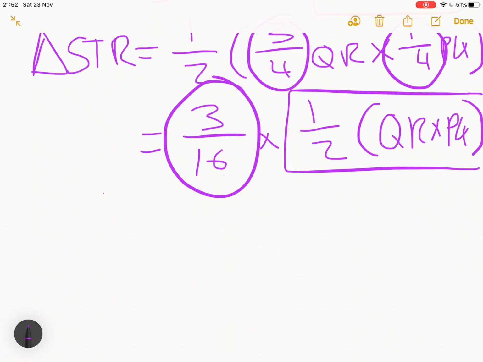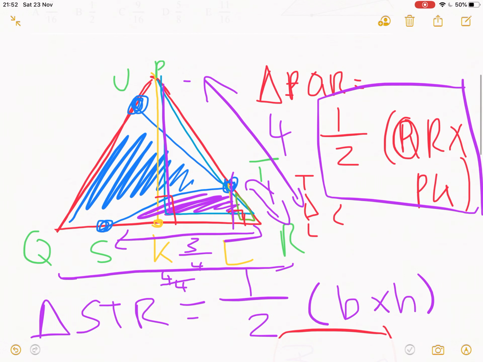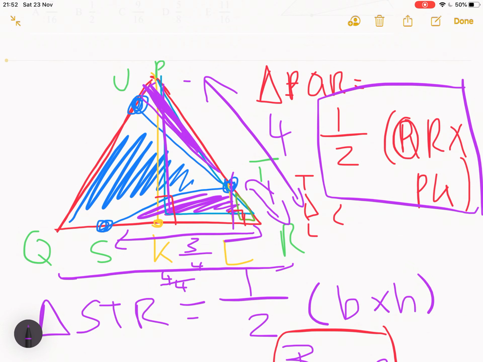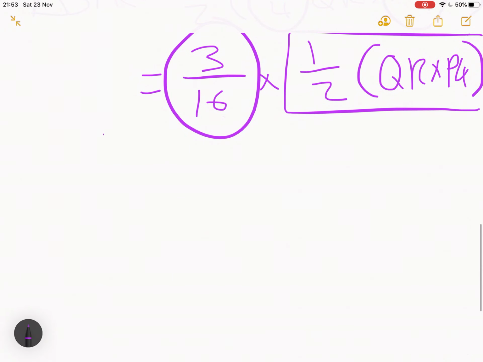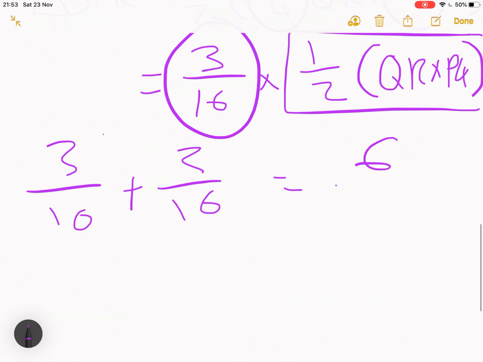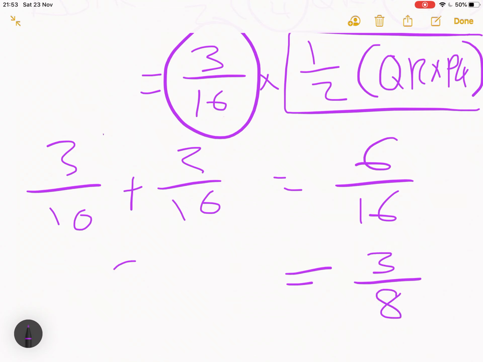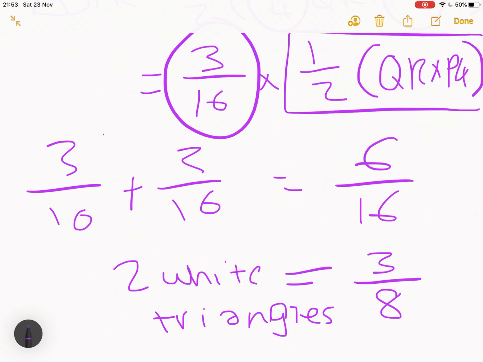So we know that STR is 3/16 of the whole triangle, and we can use the same method to prove that PUT is also 3/16. And then we have two 3/16, so 3/16 plus 3/16 is 6/16. 6/16 simplified is 3/8. So we know that our two white triangles are 3/8 of the whole PQR.